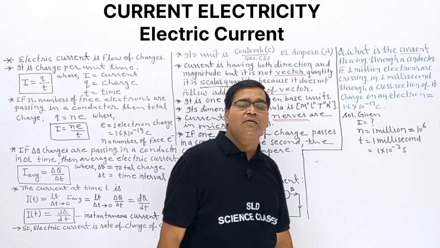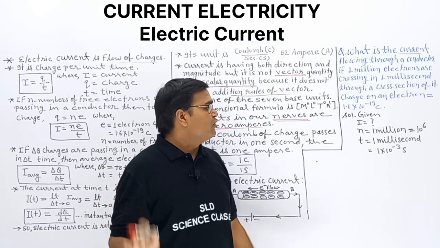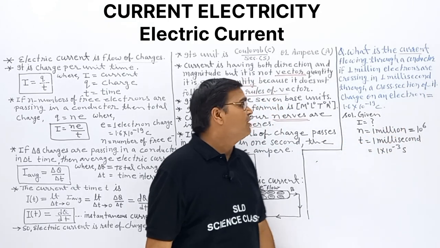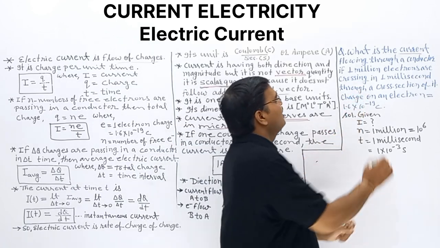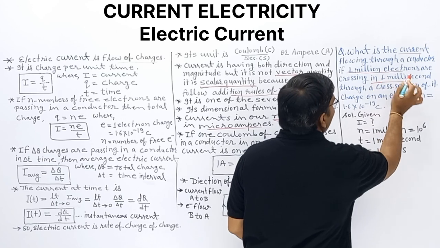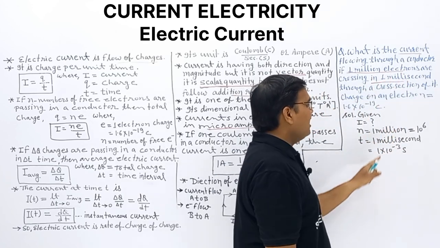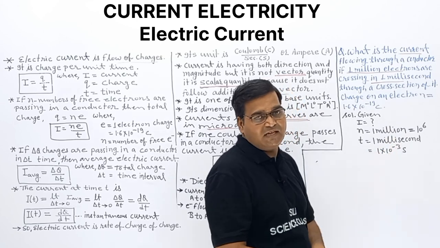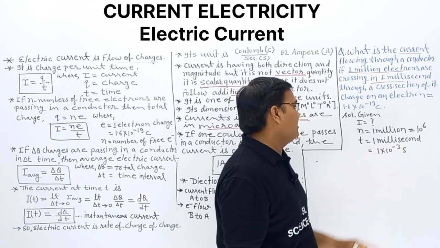And 1 million is 10 to the power 6. So 10 to the power 6 electrons are passing in the conductor in 1 millisecond. Timing is also given: millisecond means 10 to the power minus 3, so this is 1 into 10 to the power minus 3 second.